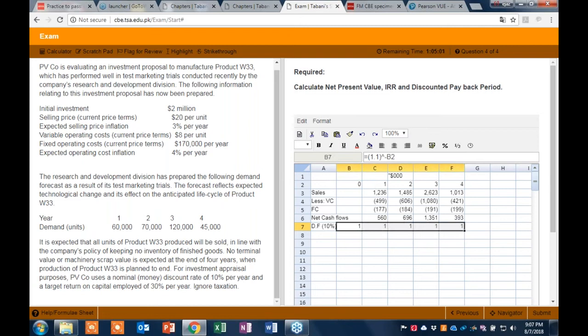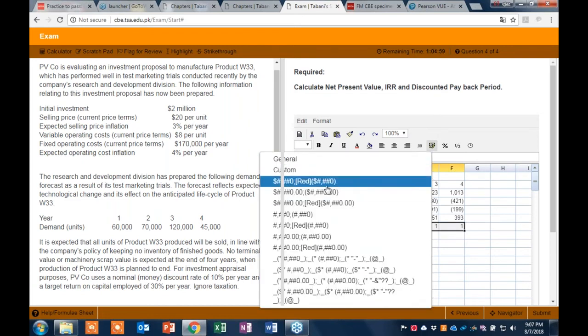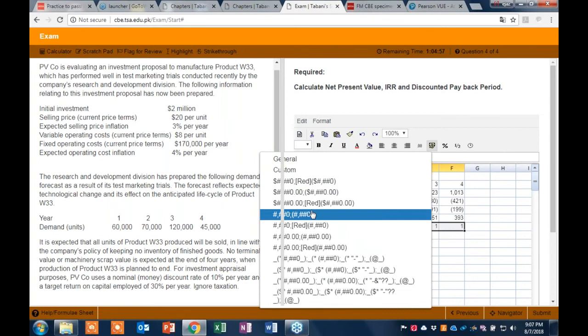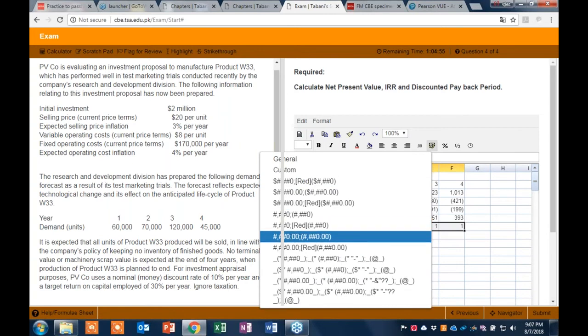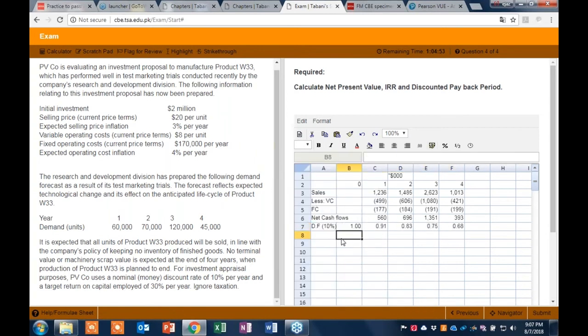And let's change the format to 2 decimal places. And let's calculate the present value by multiplying the net cash flows with the discount factor.